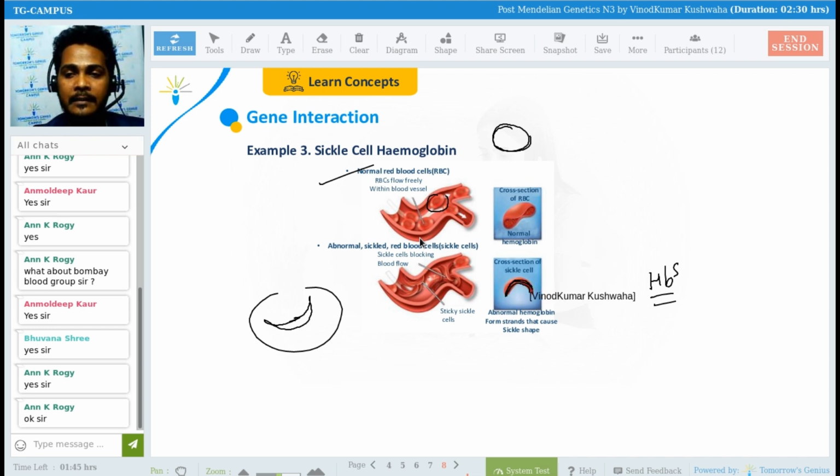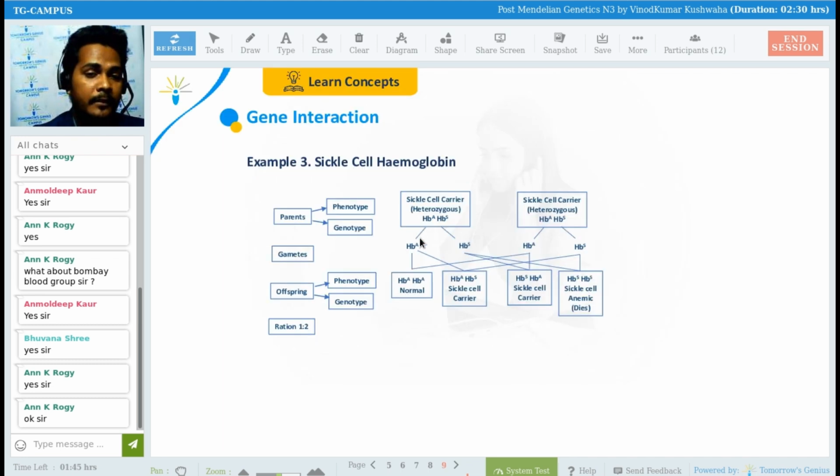So this is the cross section of the sickle cell, the normal one, and this is the sickle shape. As I told you, a person suffering from sickle cell anemia has sickle cell hemoglobin in their RBC.